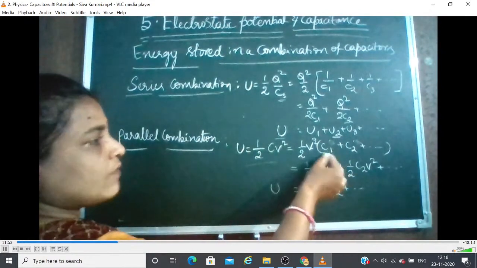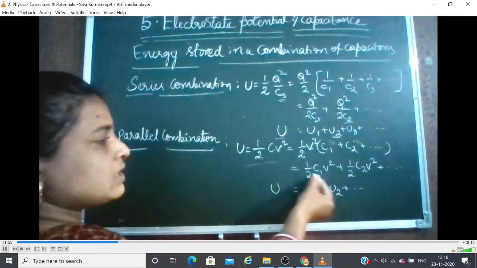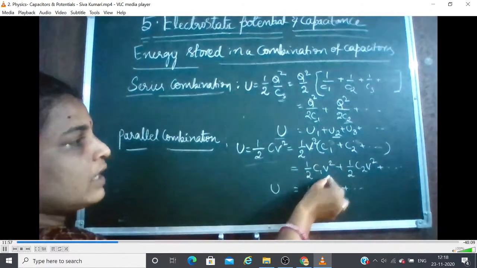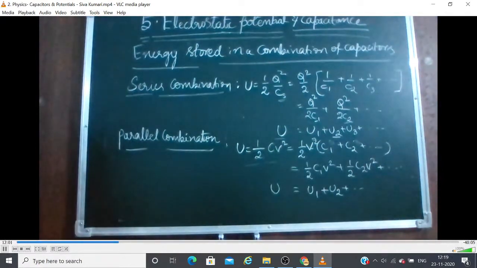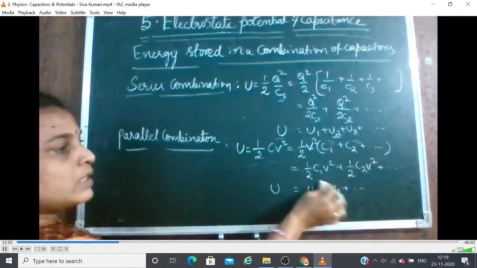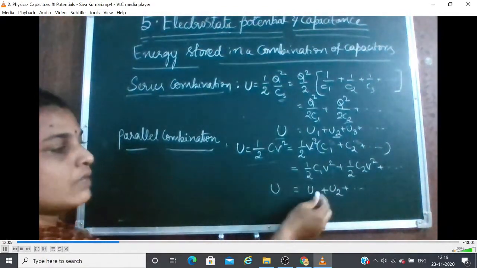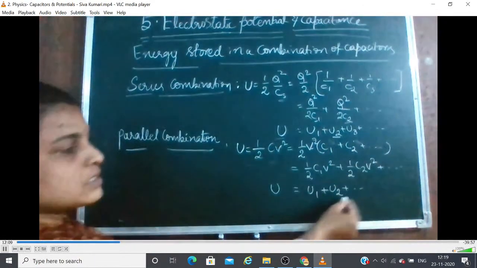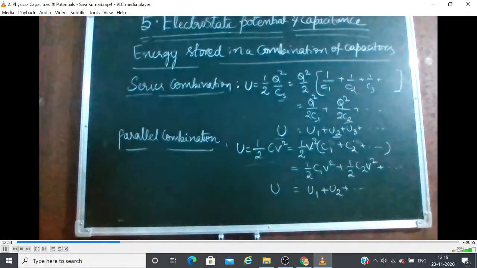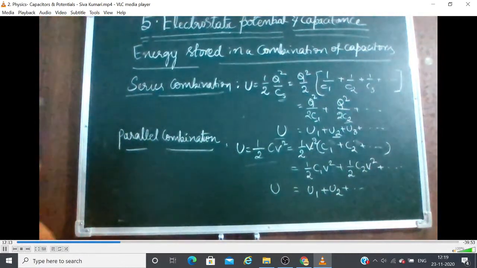So if we combine like this, half C1 V square plus half C2 V square plus so on. So for the first capacitor C1 the energy is U1, and for the second capacitor the energy is U2, plus so on. So for the parallel combination of capacitors, the total energy is equal to the sum of the individual energies of the capacitors.